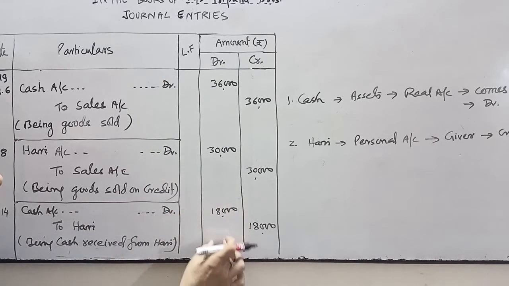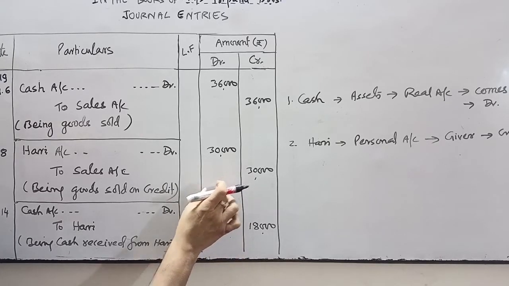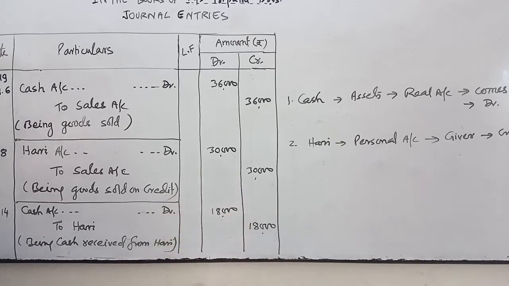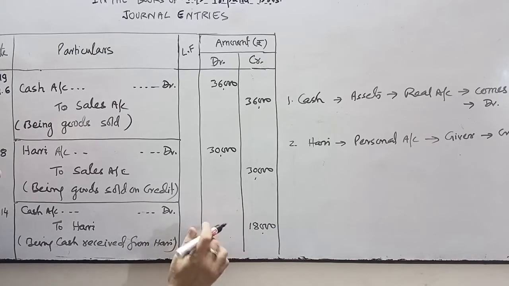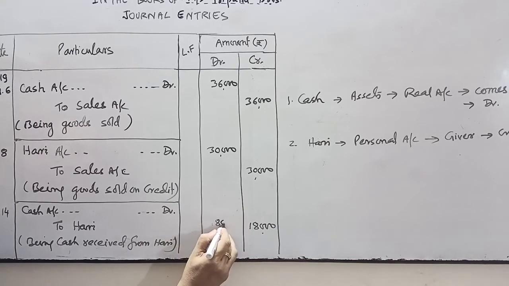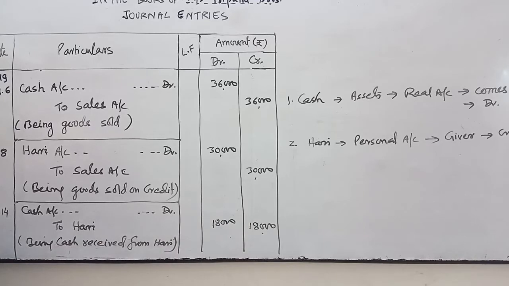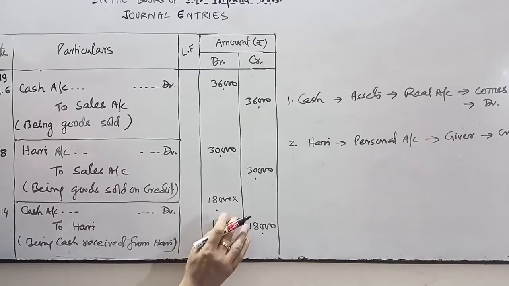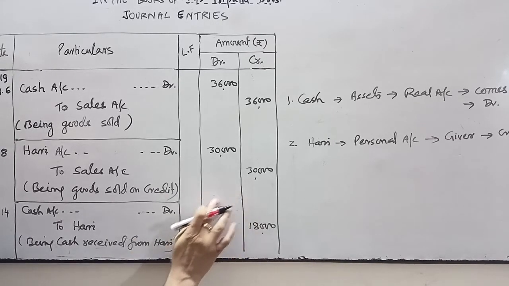It should not be up and down, above and below. It should not be above this line or below it. If I write the 18,000 here, then it's wrong. If I write 18,000 over here, this is also wrong. So where do we have to write?